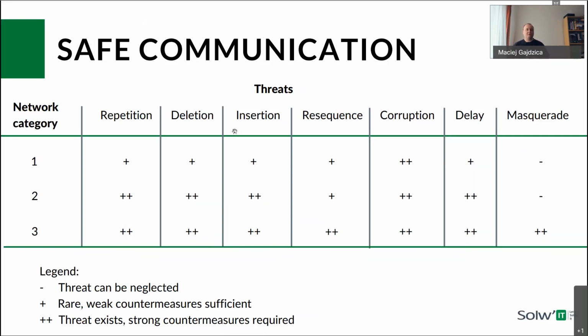We have also a second category where we can have network consisting of devices that we fully control, but it can be reconfigured, it can be dynamically changed. So here we have other risks because there's a bigger possibility, for example, to receive frames out of order and so on. And we have also a third category where our network is fully open and basically everyone can join, and we don't have control over the nodes.